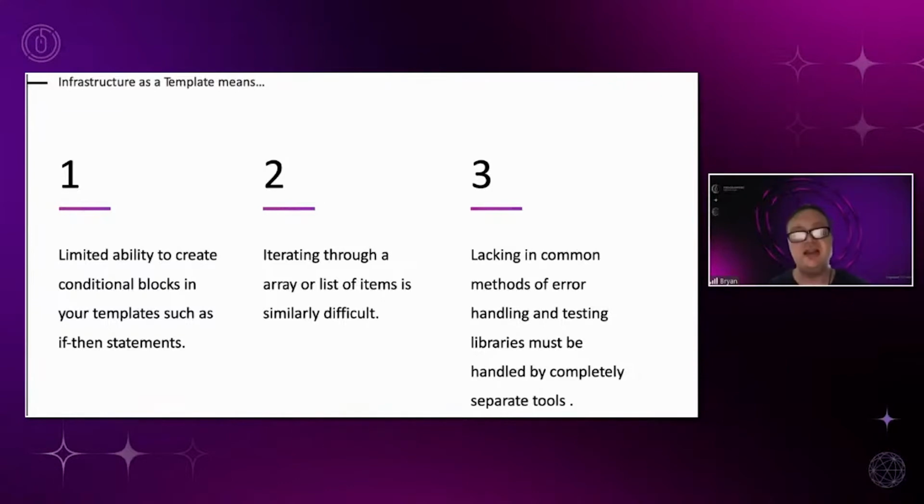Going through a list of items is also possible, but you have to really dive into the deeper logic of how CloudFormation or Terraform works. One other problem, especially if you work with CloudFormation, is handling testing and error catching. You usually don't catch your error until the template is almost completely through.